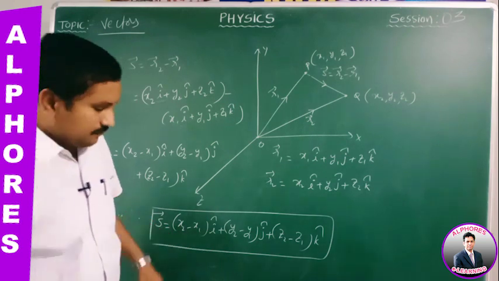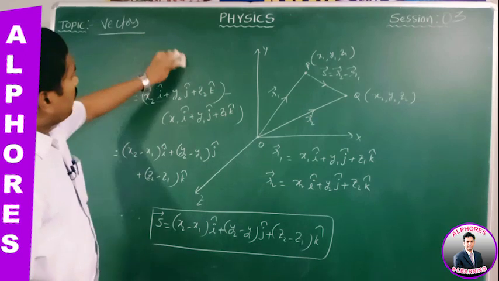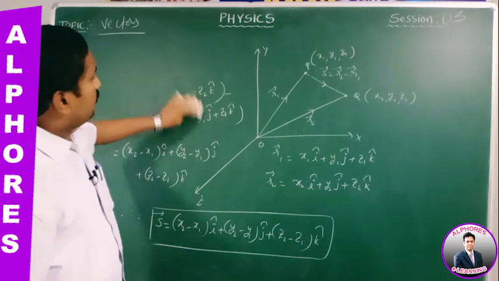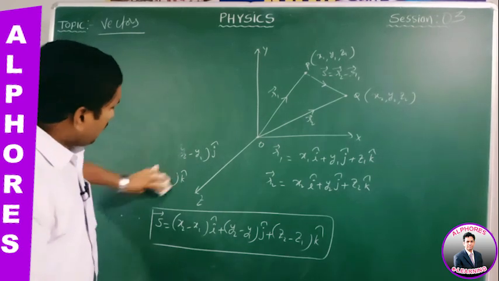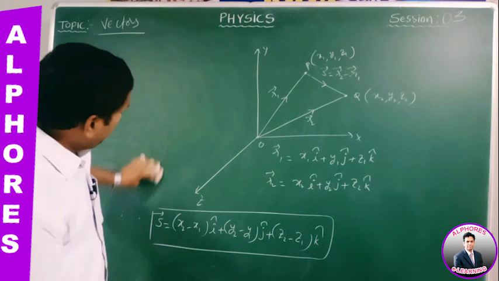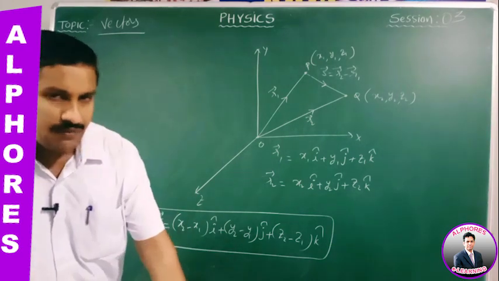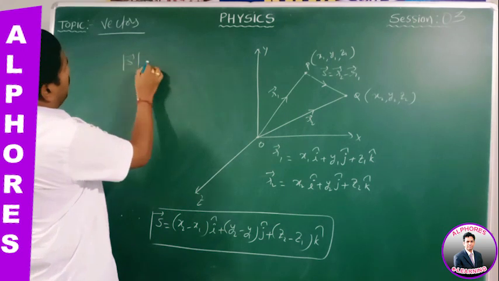Okay, this was already completed yesterday, but according to the situation I am giving two or three models based on this displacement vector. Now listen, all of you. After getting the displacement vector, what is its magnitude, and what is the method of finding the unit vector of this displacement vector? What is the displacement magnitude here?